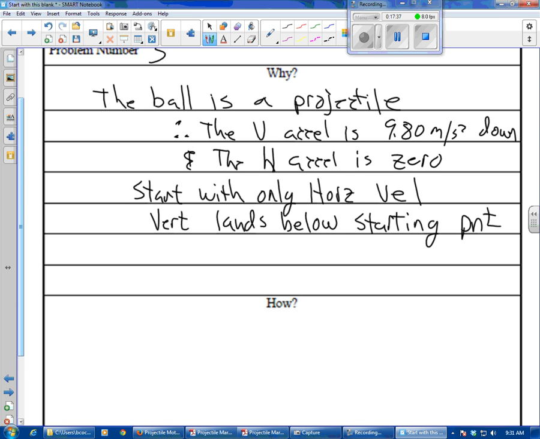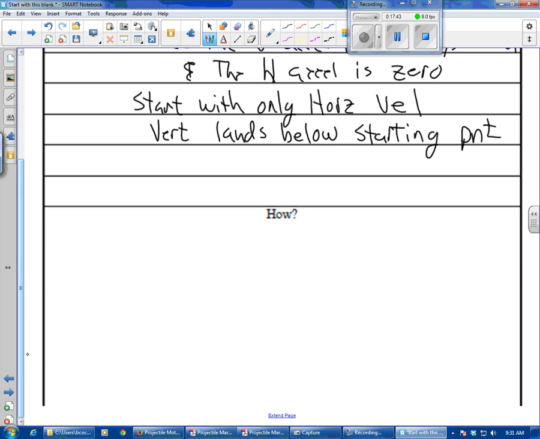So if I was to draw the path, with our ground here, and our pitcher releases it, then it's going to come down to our catcher's mitt down here. It's going to follow this curved path. Its initial velocity is all horizontal, though.